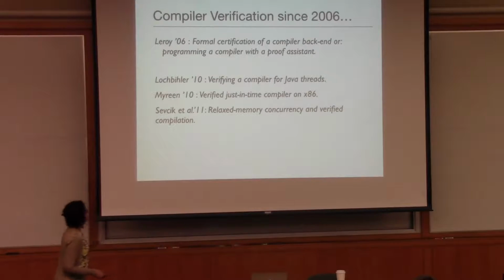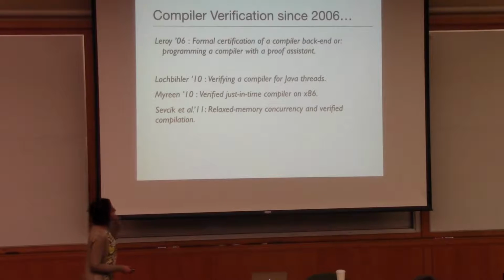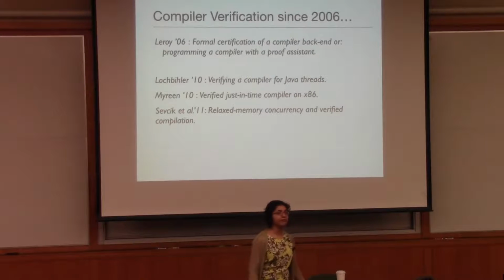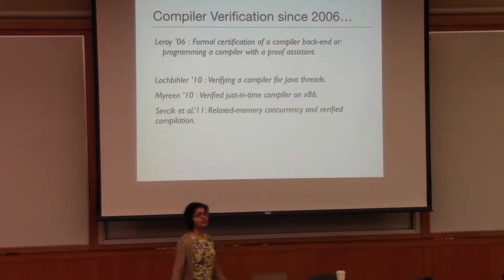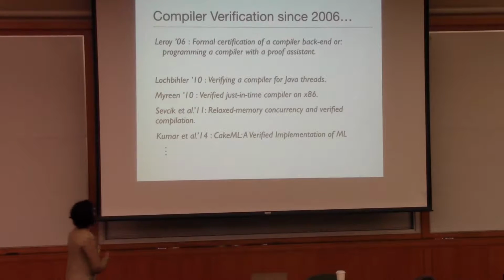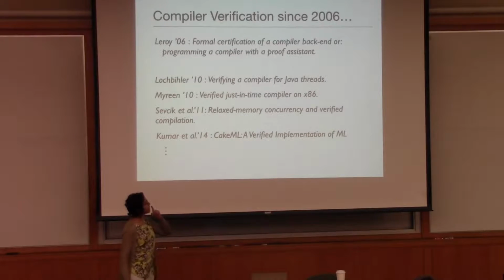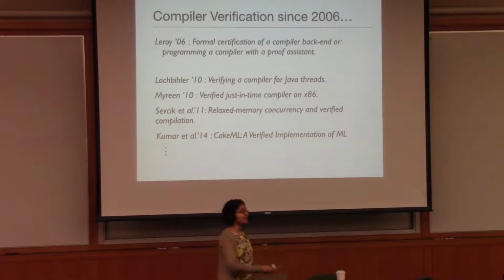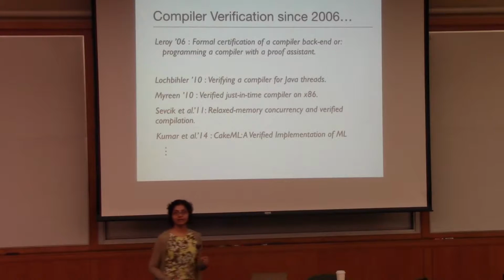There's this paper on CompCert TSO, which deals with relaxed memory concurrency. It basically takes CompCert, but tackles a back end where you have weak memory models. And then at POPL 14, there was this very nice paper on CakeML, a verified implementation of ML. So you'll notice that we've gone from verified compilers for C to people tackling verified compilation of Java, and then verified compilation of ML.